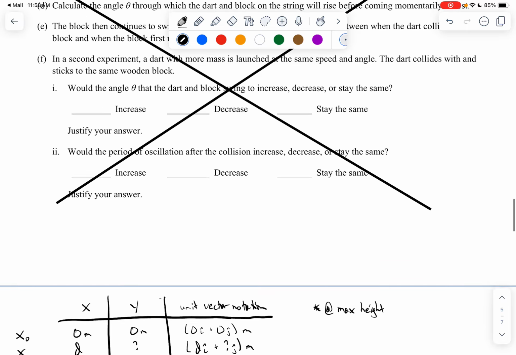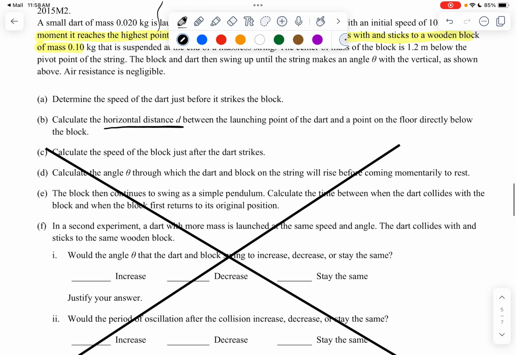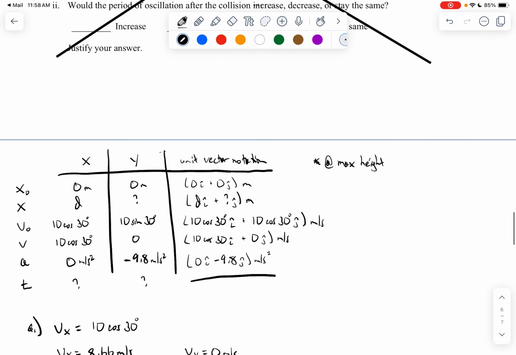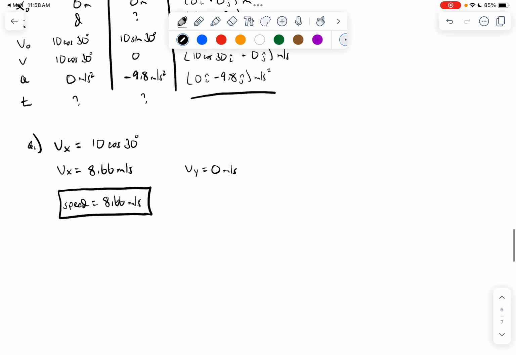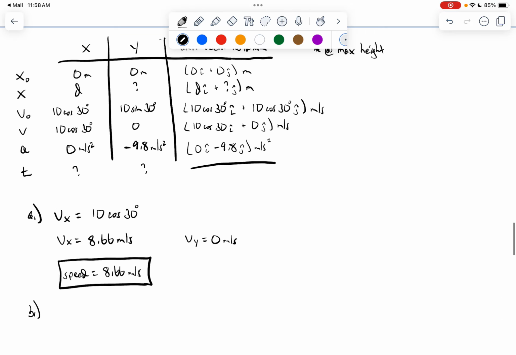If we're then looking at part B, trying to figure out the horizontal distance d we travel, one thing that very commonly occurs in these problems is that in order to first find the distance we travel in the x direction, we need to know how long we're traveling for. So our first step is to solve for time. And we can solve for time by looking at our values in the y column.